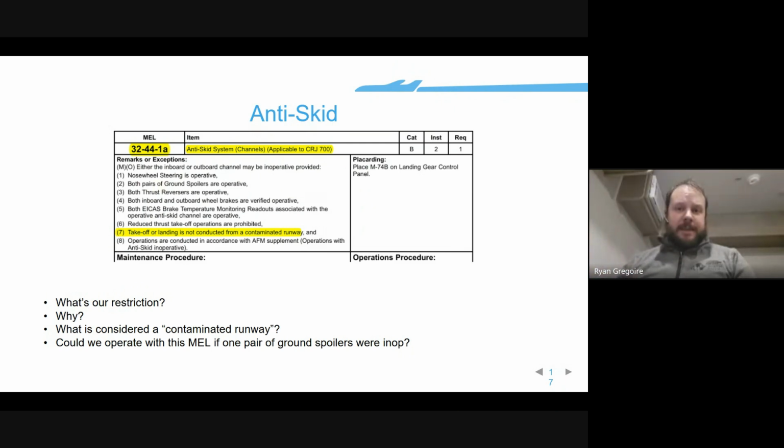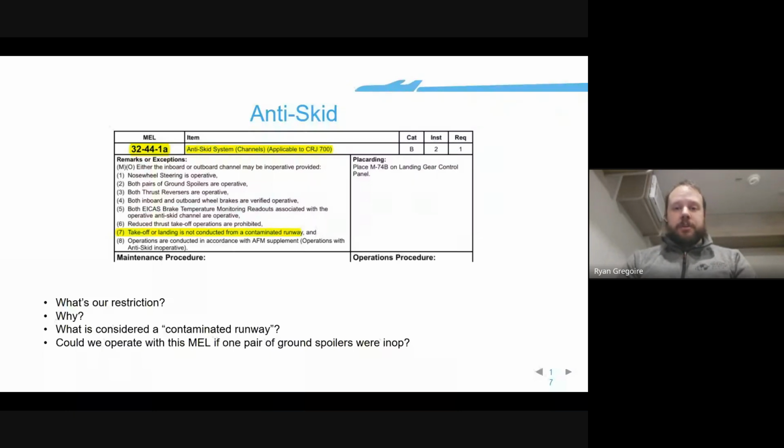So, again, anti-skid system. This will be one of the two that generally is included if there's going to be a conflicting MEL situation. When I've seen it, and I'm not saying these are the only ones that it can be, but usually it's going to be an anti-skid system with a thrust reverser or a ground spoiler or something like that, or it'll be something like an AC pack and a bleed system MEL that can't be combined.